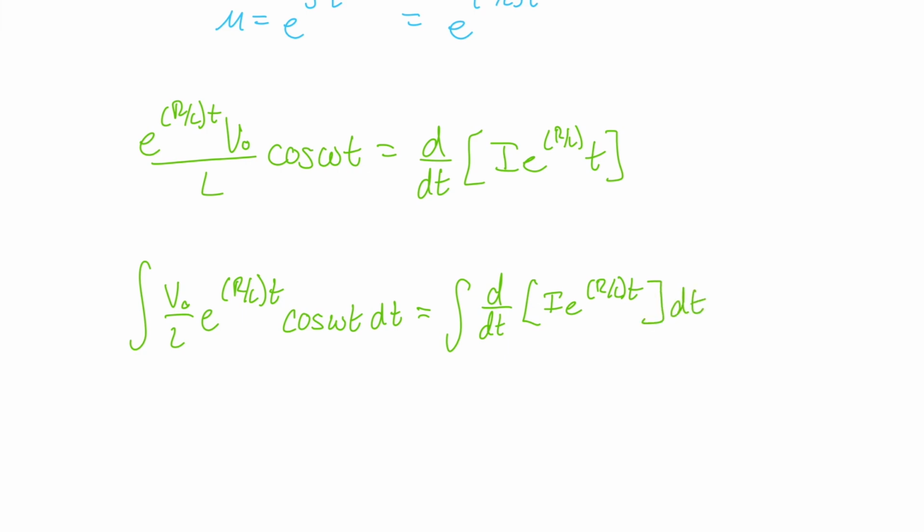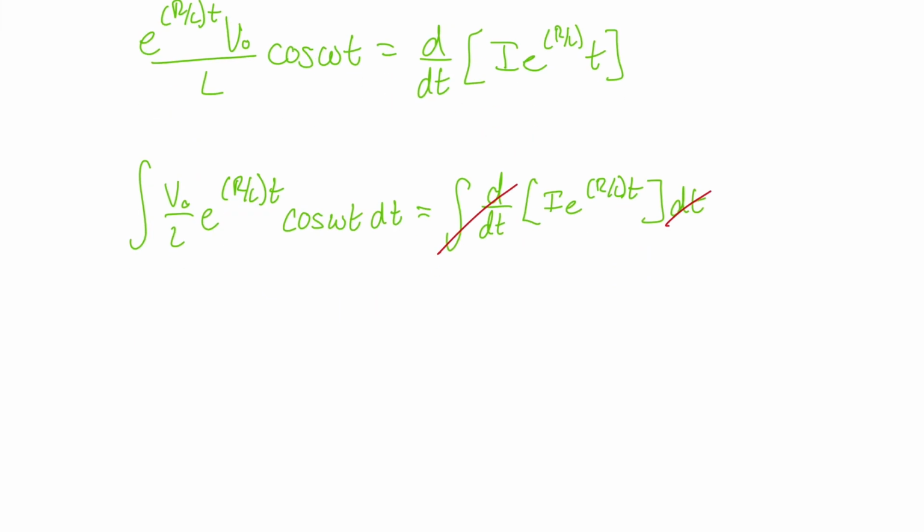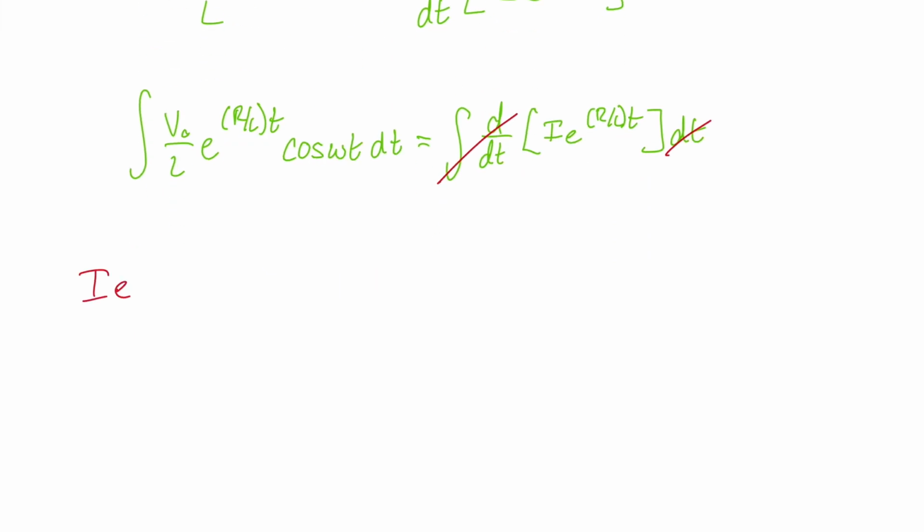Obviously over here this integral cancels out and we just get back the function, so I e to the (R/L)t is equal to V naught over L times the integral of e to the (R/L)t times cosine omega t dt.